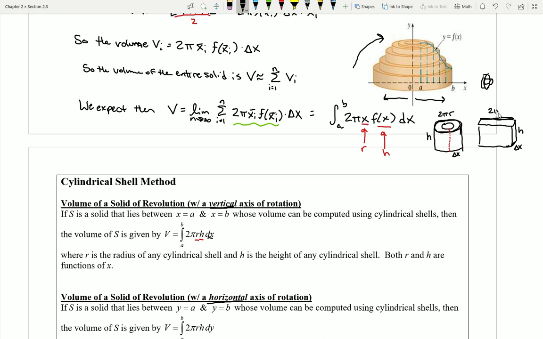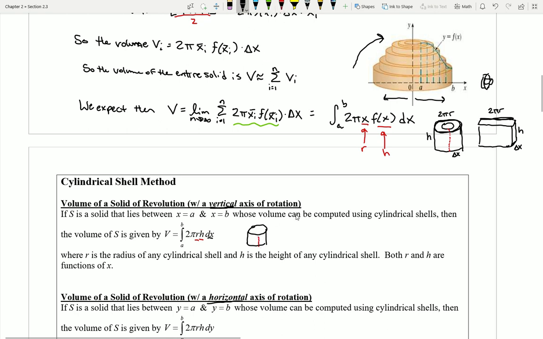And so if I have a 2 pi r, I can find the volume of this figure. I would do delta x times an h times a 2 pi r. That would get me my volume, and that's exactly what we have here. So oftentimes this is how I choose to remember this idea. I can just see a little cylinder and make a cut on it to unwrap it.